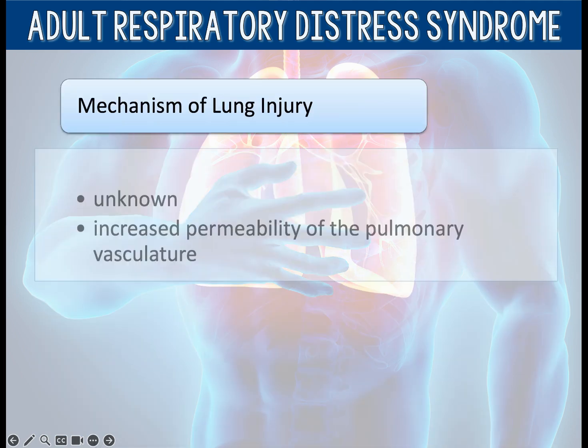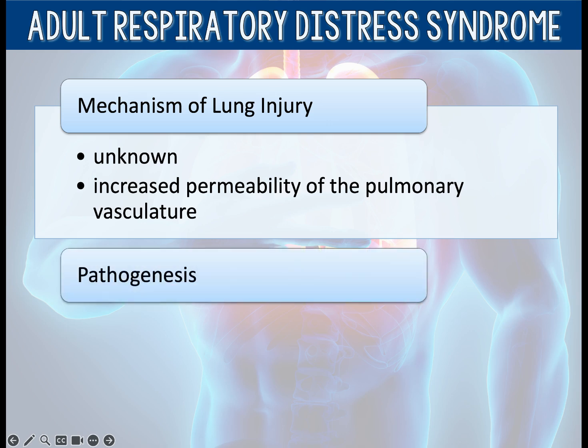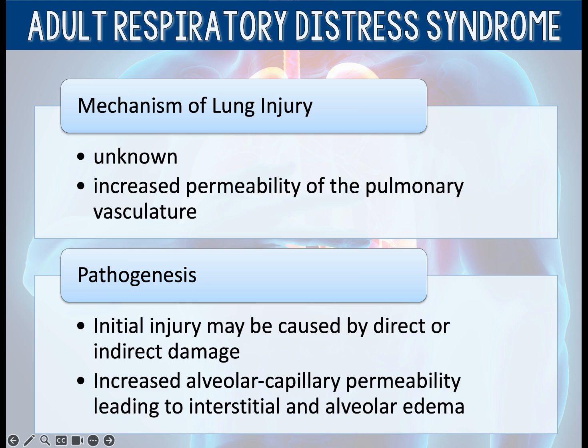The mechanism of lung injury is unknown, but what happens here is that because of that immune response, there's increased permeability of the pulmonary vasculature. So you start out with an initial injury that may be caused by direct or indirect damage, and this causes an increased alveolar capillary permeability.